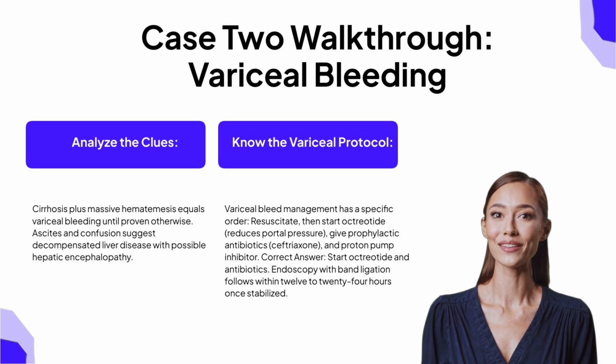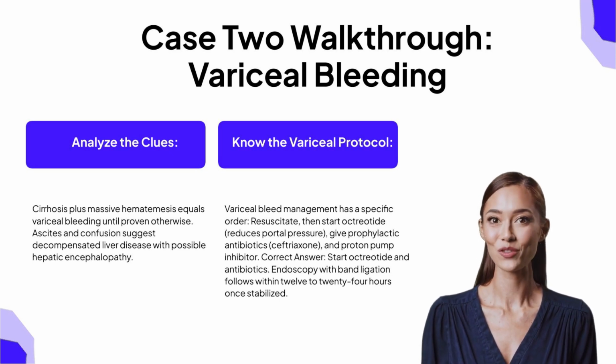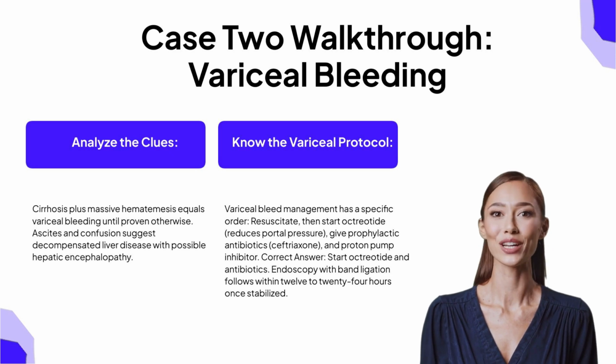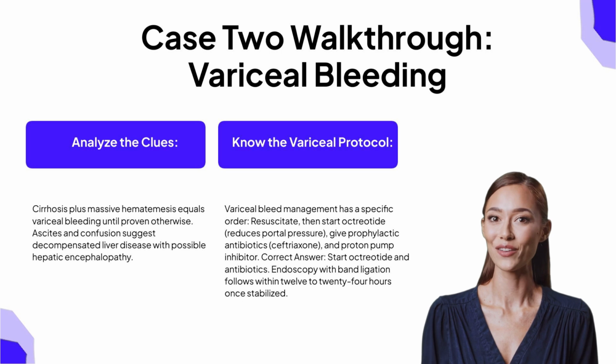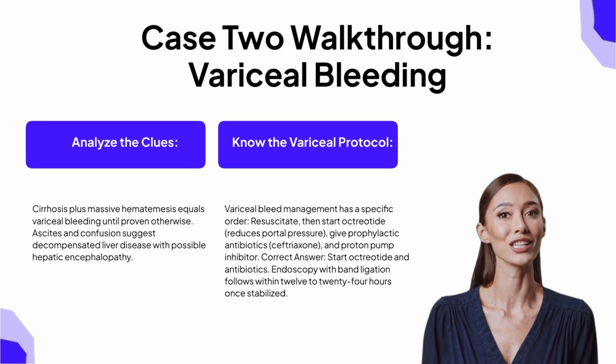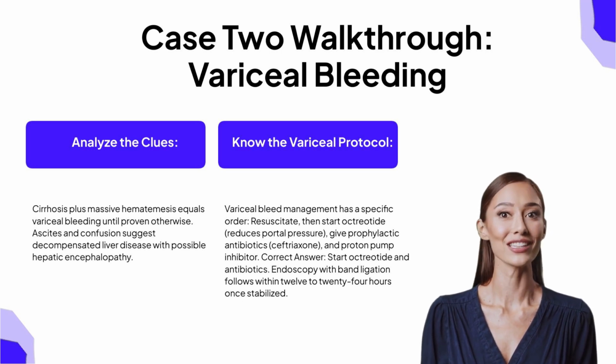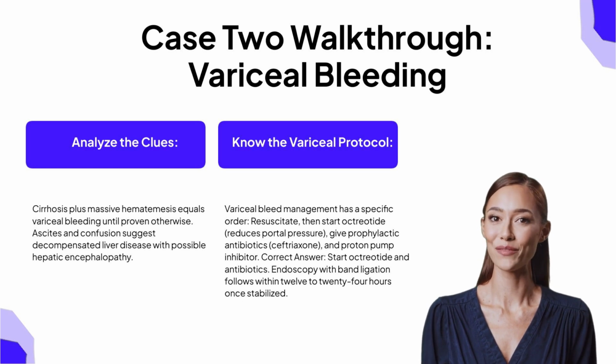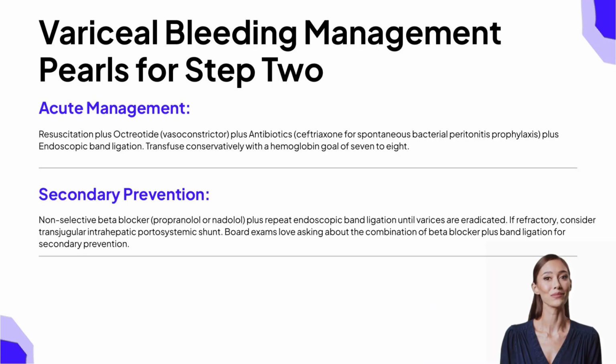After resuscitation, you must start Octreotide, which is a vasoconstrictor that reduces portal pressure, and prophylactic antibiotics, typically Ceftriaxone, to prevent spontaneous bacterial peritonitis. The correct answer is to start Octreotide and antibiotics. Endoscopy with band ligation comes next, within 12 to 24 hours once the patient is more stable. These are the high-yield variceal bleeding management pearls that Step 2 loves to test.